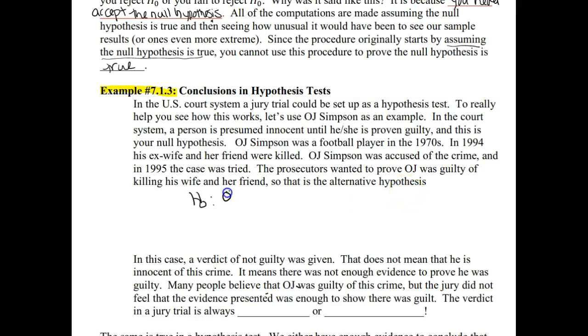So the null hypothesis in our court system: we assume you're innocent until proven guilty. So O.J. is innocent of killing his wife and her friend.